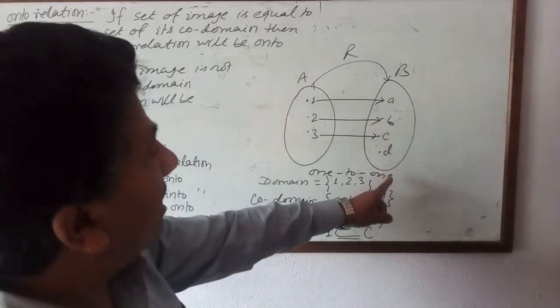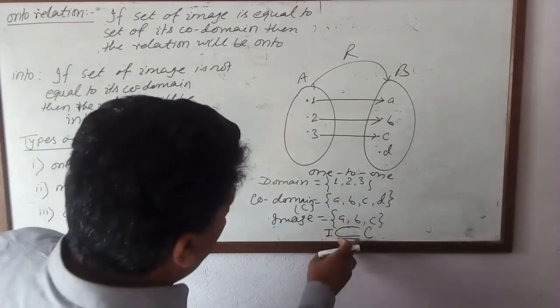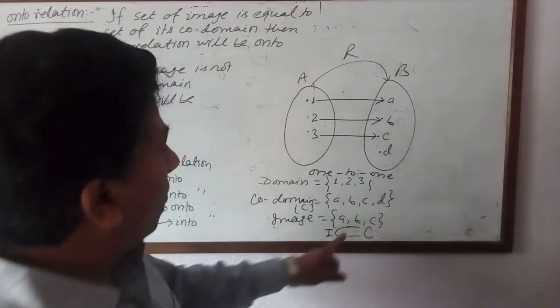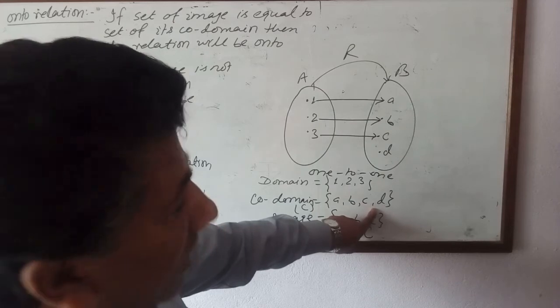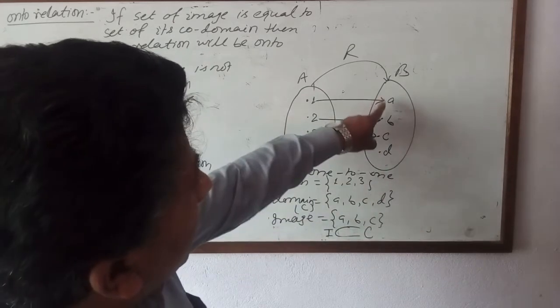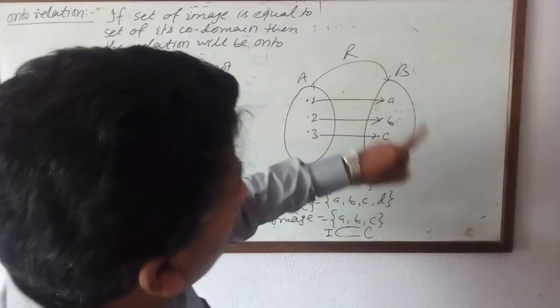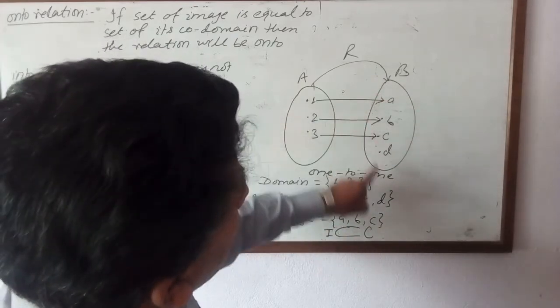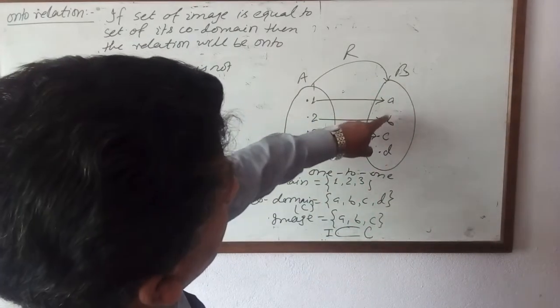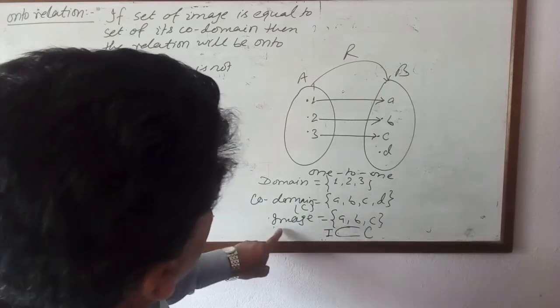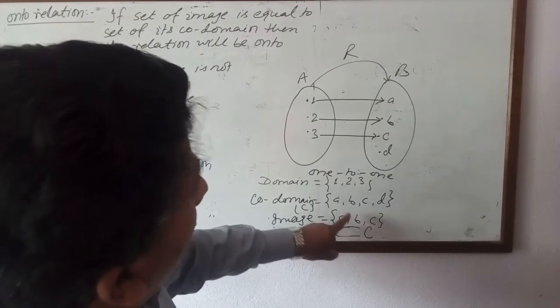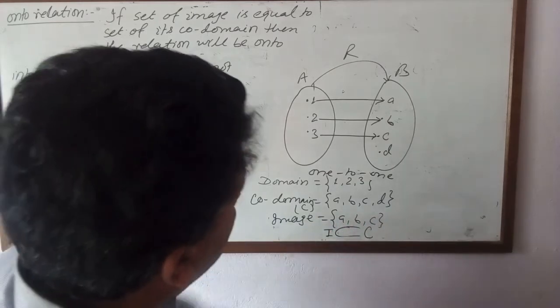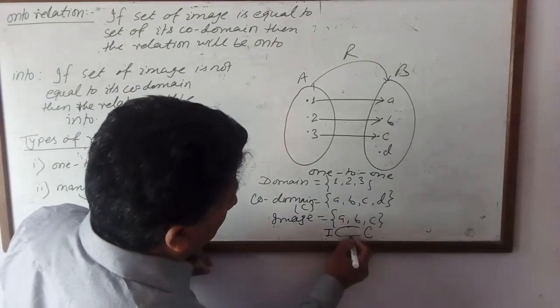Now the codomain set contains four elements A, B, C, D. This total set is the codomain. Inside this codomain, only A, B, C are images. That's why the set of image is A, B, C. This set of image is only a subset; it is not an equal set.